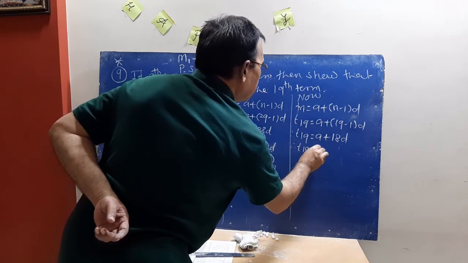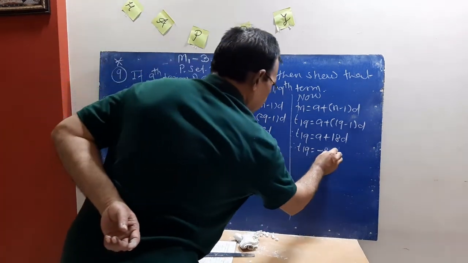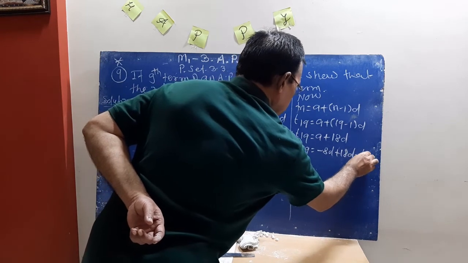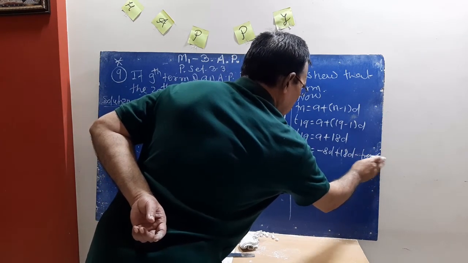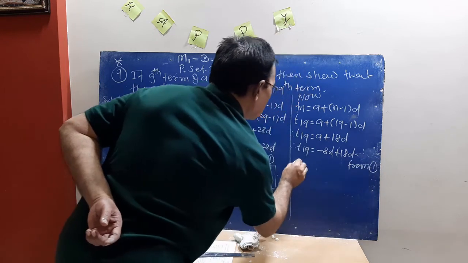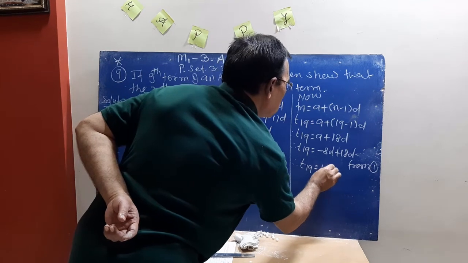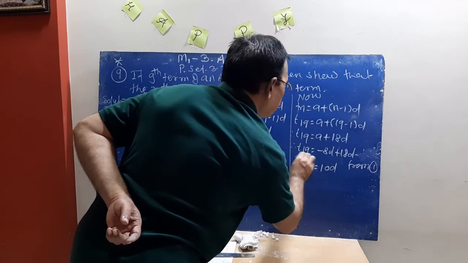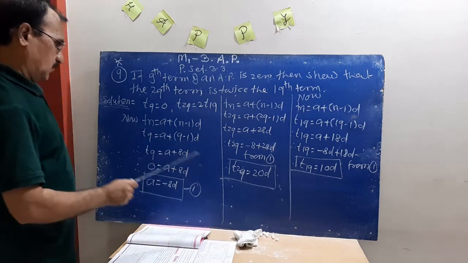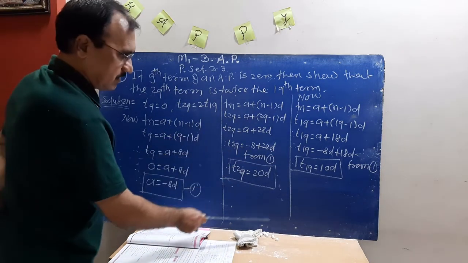Therefore T19 is equal to minus 8d plus 18d from 1, and therefore T19 is equal to 10d. See here, first we use T9, T29 and then T19.